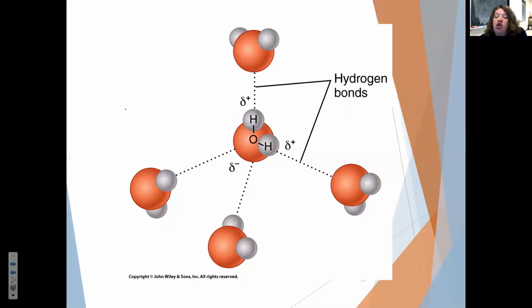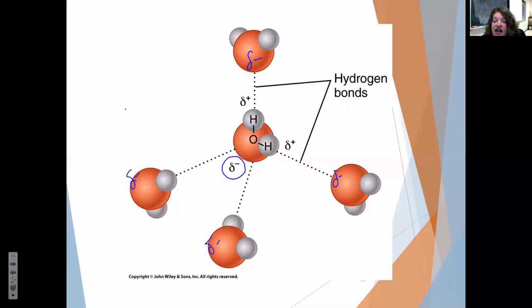So here's our water molecule. And since oxygen is electronegative, it takes on a little bit more of the electrons some of the time. It takes on this partial negative charge. And so all of these oxygens have this partial negative charge.